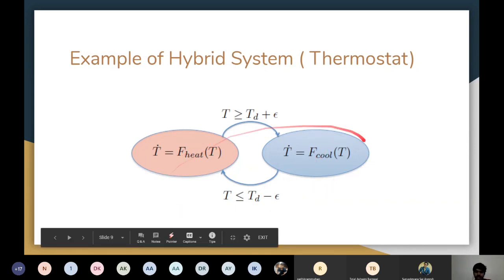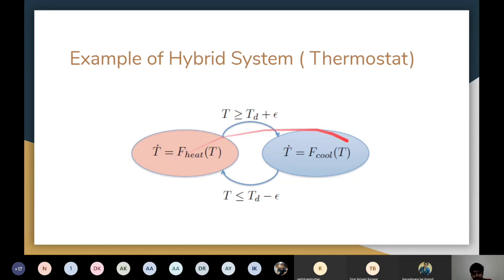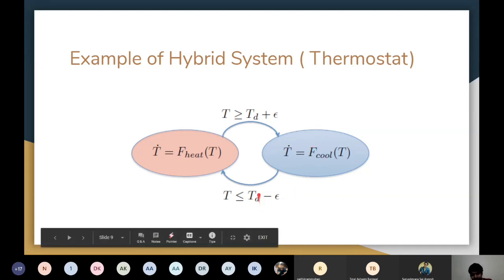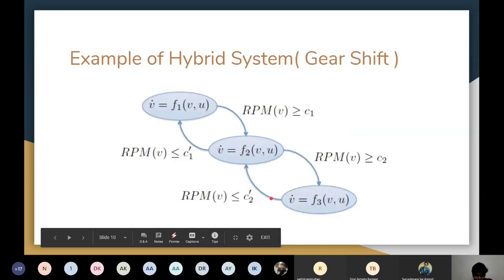So it will be in an infinite loop where it keeps switching between the two behaviors. That is why we have an epsilon over here, to ensure that I do not go into an infinite loop where I keep switching back and forth. So the guard is TD plus epsilon, where I switch from heater on to heater off behavior. And when the temperature is below TD minus epsilon, I switch back to heater on.